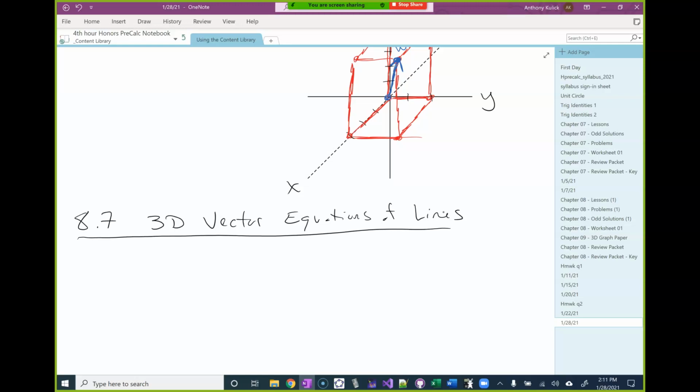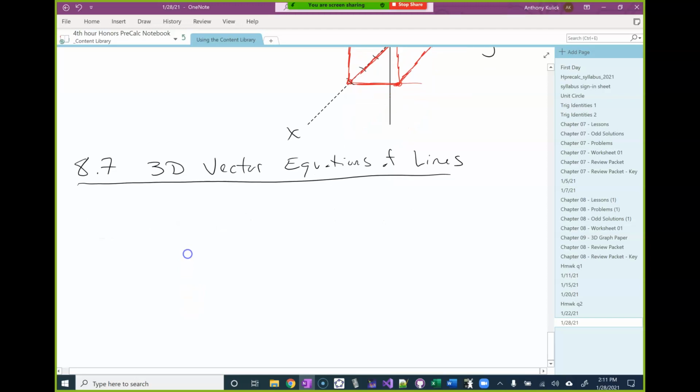That direction vector basically describes the tilt of our line in 2 dimensions. In 3 dimensions, it still describes the tilt, but also the orientation, because we have 3 dimensions of space to do that in. But a vector will be a good representation of that. So let's go ahead and do an example.